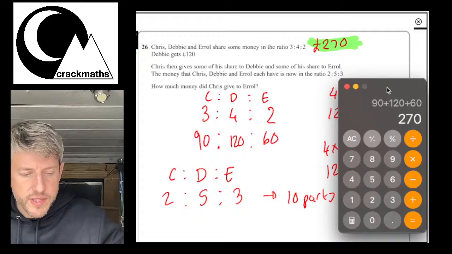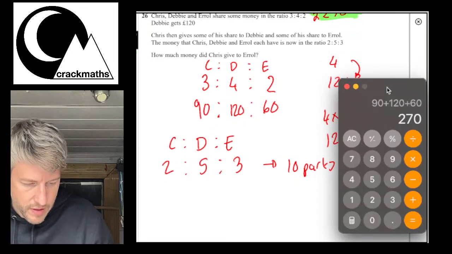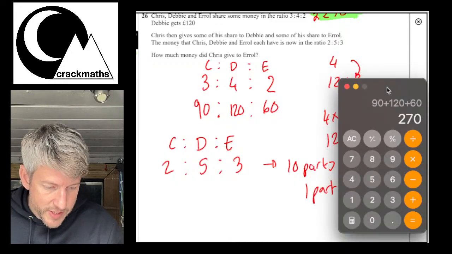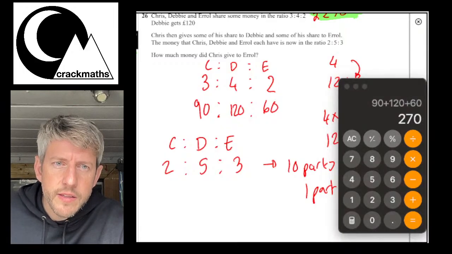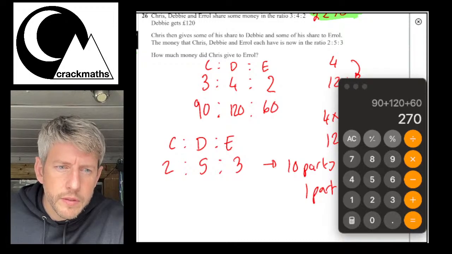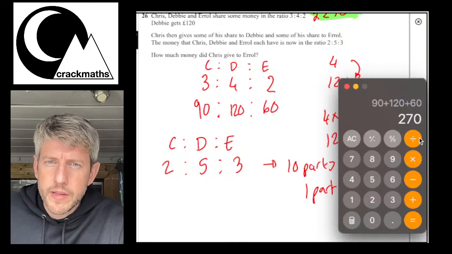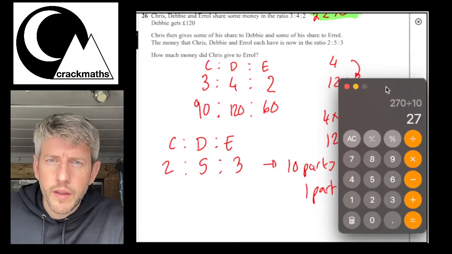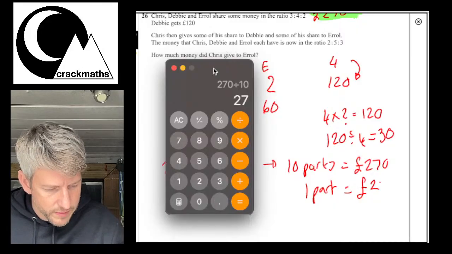So if 10 parts of the ratio equal £270, I can do 270 divided by 10. And that gives me 27. So one part is £27.